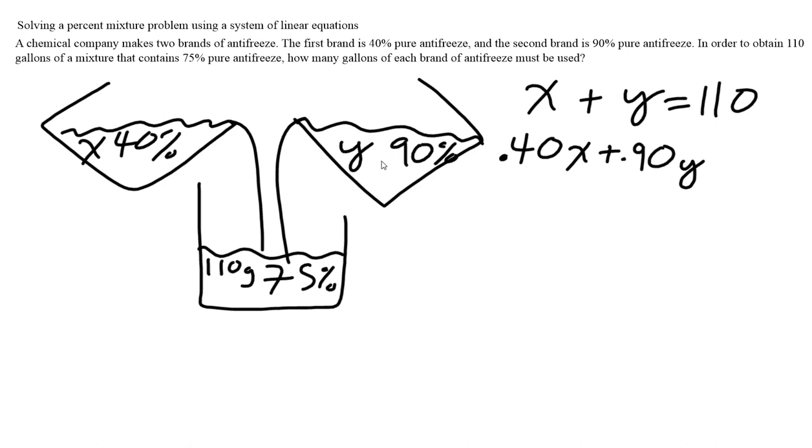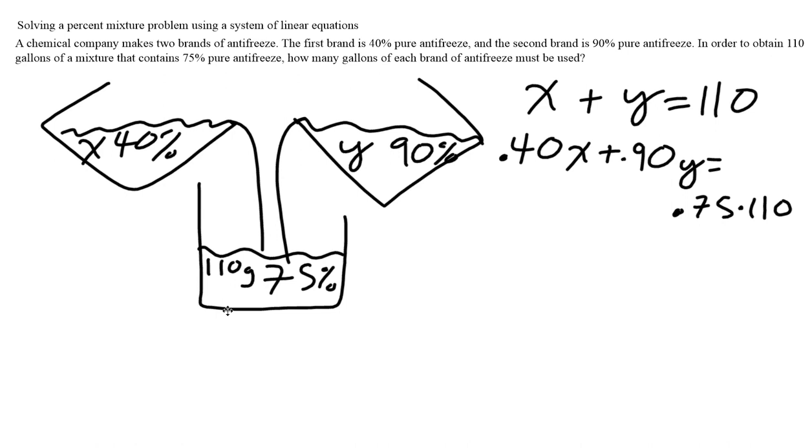Now the part that usually throws students off is the total amount of antifreeze in my total batch here. And that's going to be 75% of 110 gallons. So that's going to be 0.75 times 110. What you need to be careful of is not just to write down 0.75 or 75%, because you will never have a percentage by itself.